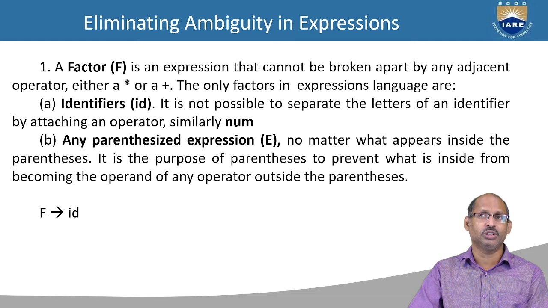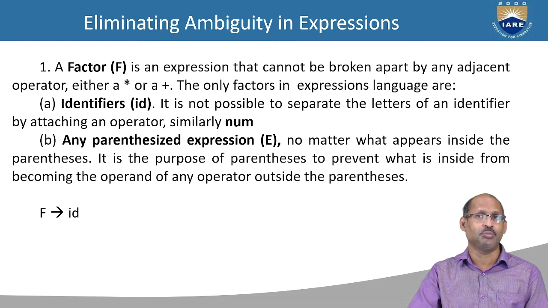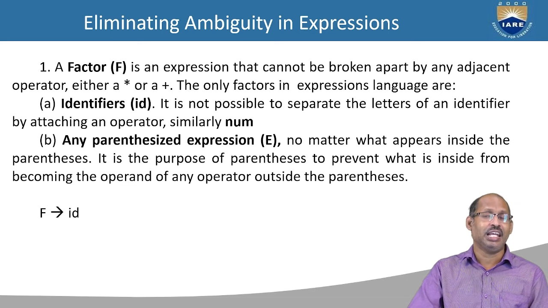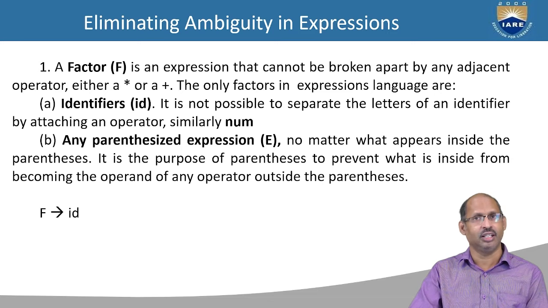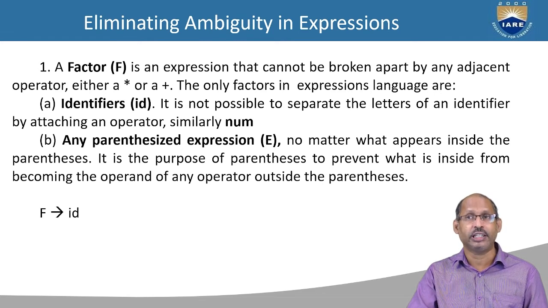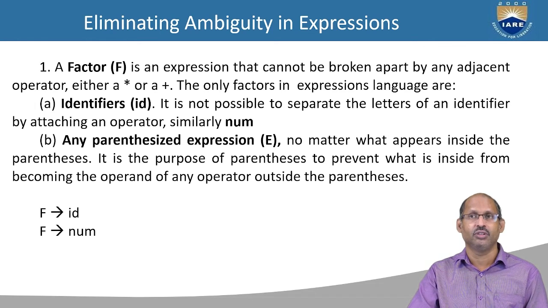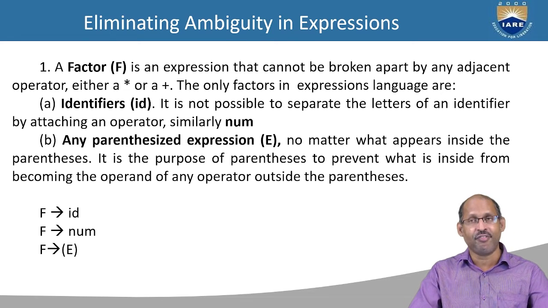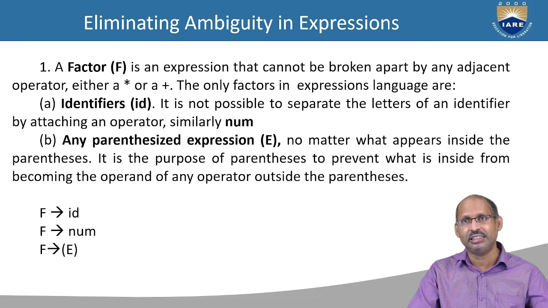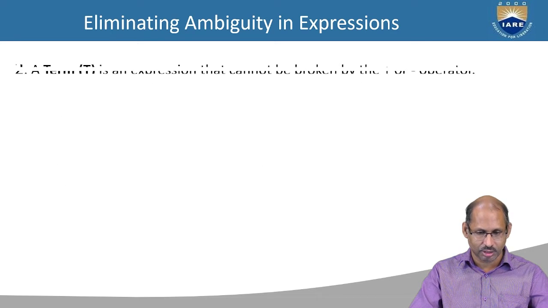It is not possible to separate the letters of an identifier by attaching an operator, similarly for a number. For a parenthesized expression, no matter what appears in the parentheses, the purpose of the parentheses is to prevent what is inside from becoming the operand of any operator outside the parentheses. So we consider F as an id, a number, or a parenthesized expression.